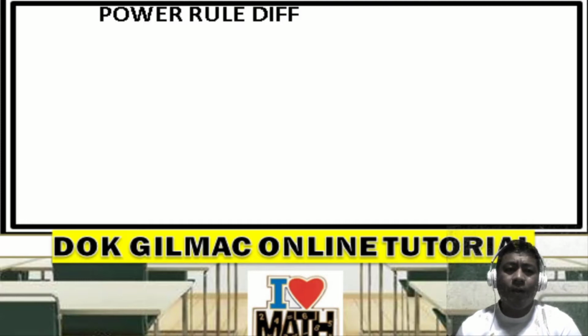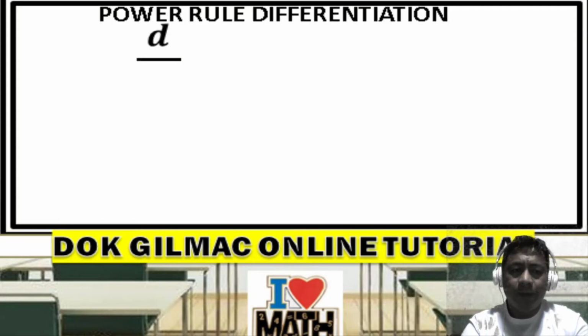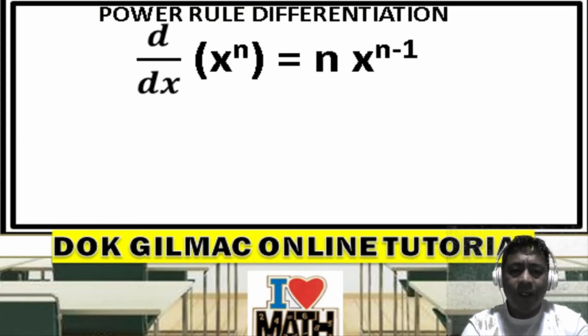Power rule differentiation. So I will be showing you the three power rule differentiation formulas. Number one, d over dx of x raised to n is just equal to n times x raised to n minus 1.